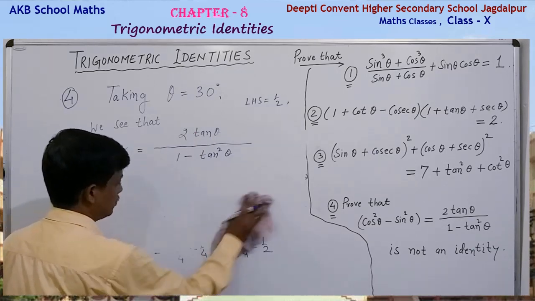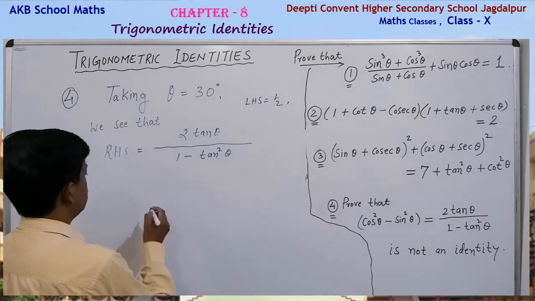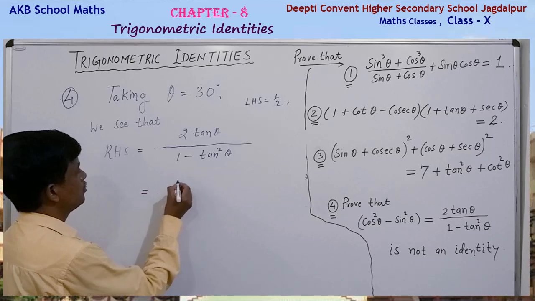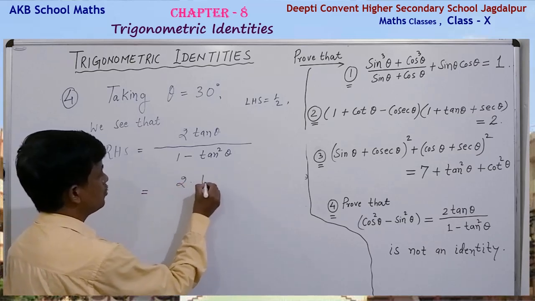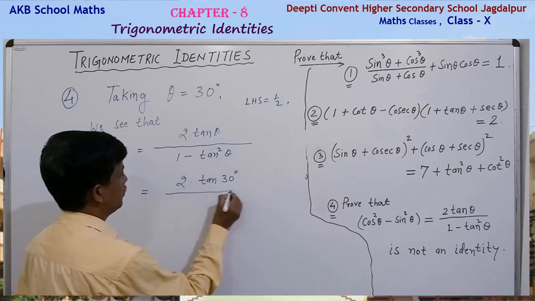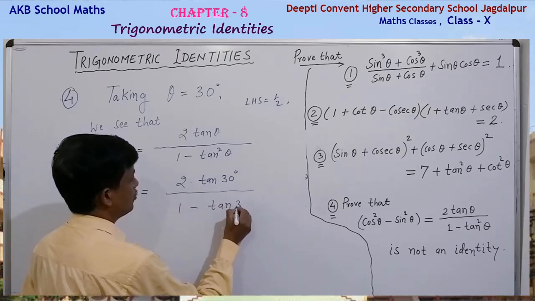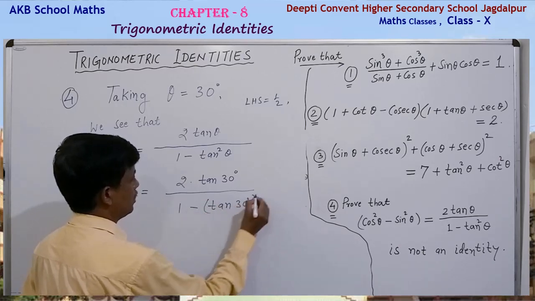So put theta equals 30 degree here: equals 2 into tan of 30 degree upon 1 minus tan of 30 degree square.